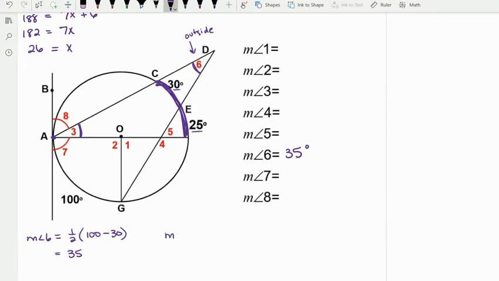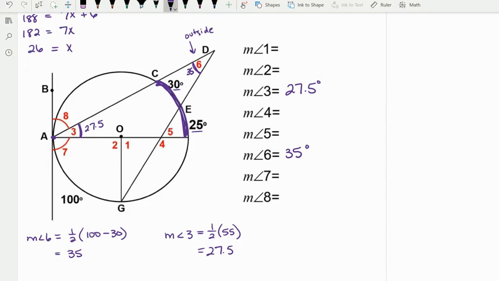So the measure of angle 3 would be half of 55, right? So angle 3 would be 27.5. I'm going to start kind of writing some of these on here too. Got that one. This one's 35. Okay. All right. There's another one we know.